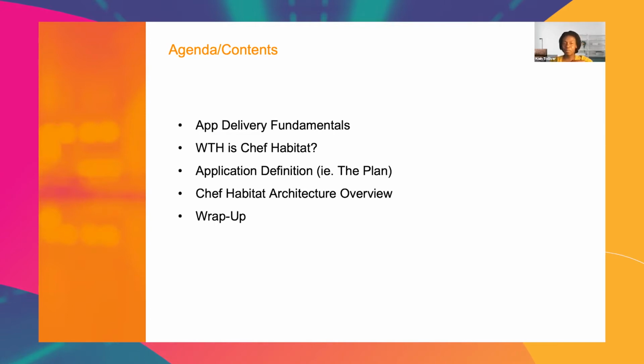Then we're going to dig deeper into the application definition, which is the plan, kind of like the nucleus that everything Habitat centers around. Then we'll do a brief high-level Habitat architecture overview. And finally, we'll wrap up and open it up for questions. Sound good? Let's go.